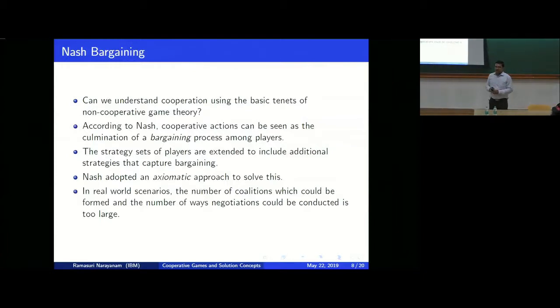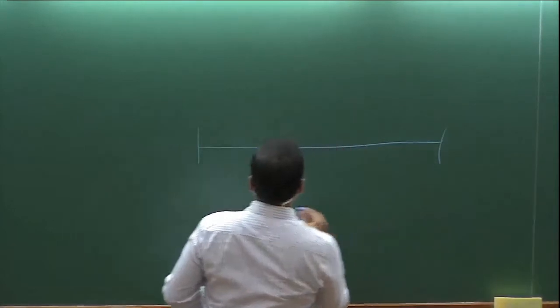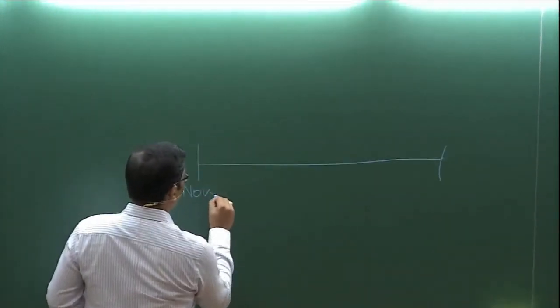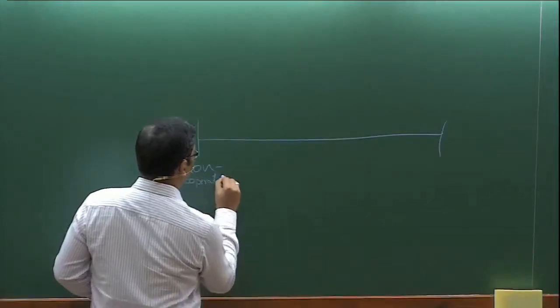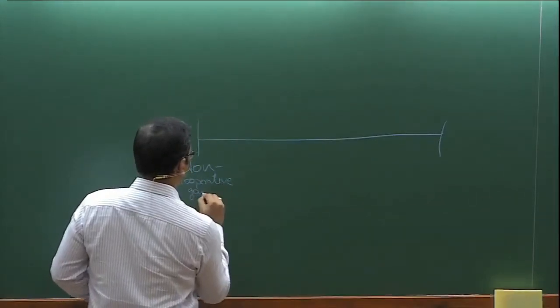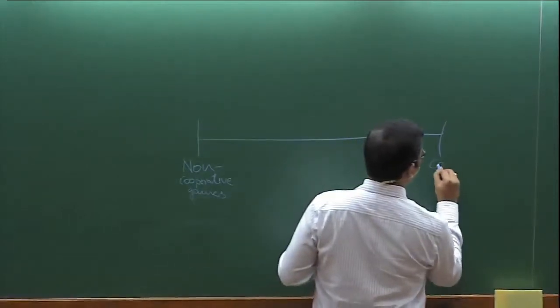Okay, so this concludes this notion of correlated equilibria. So now you understood, right? Maybe I'll put this figure, which will be very useful. This end is complete non-cooperation, non-cooperative games. This end of the spectrum is cooperative games.